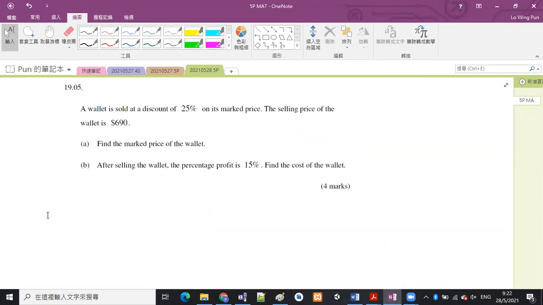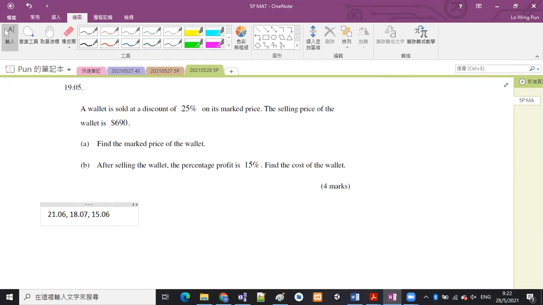Please write down the order: 21.06, and then 18.07, and then 15.06. And we still have 2 questions in the multiple choice in page 3 to page 6.